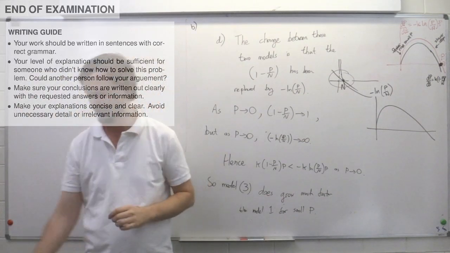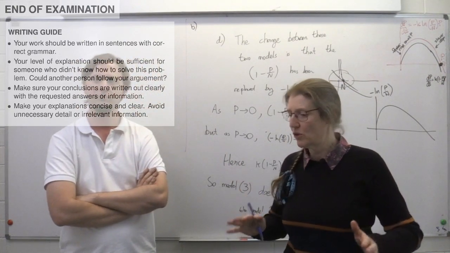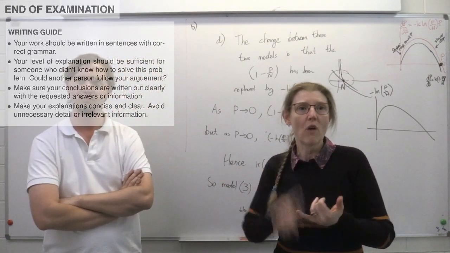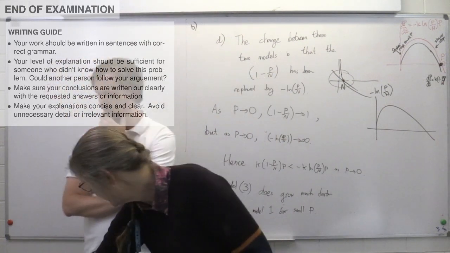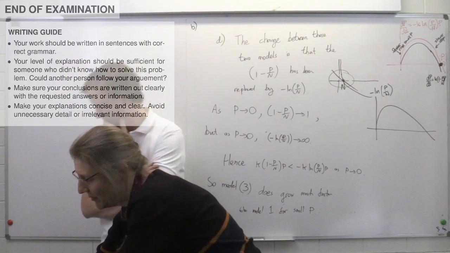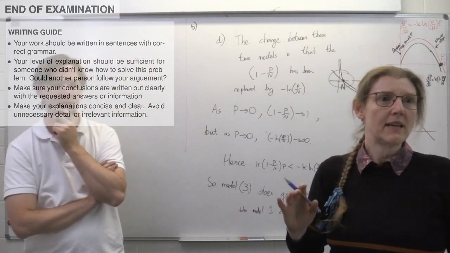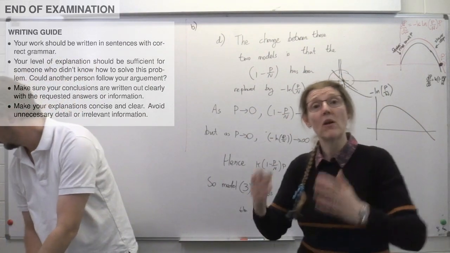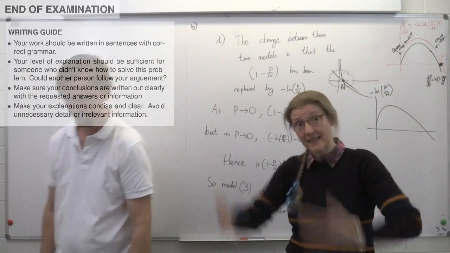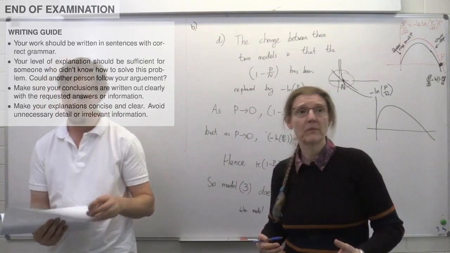Okay, so remember, it's not just about doing it, it's about actually making sure that you can write your work clearly in sentences, okay? The idea is that you need to have sufficient detail available on the page so that your examiner can see what you're doing and what information you're using.